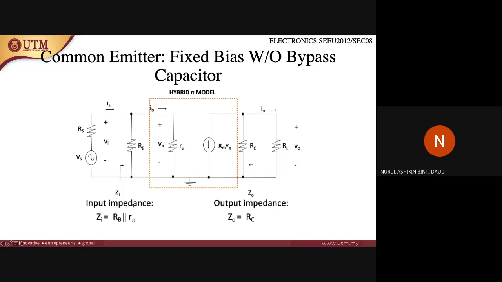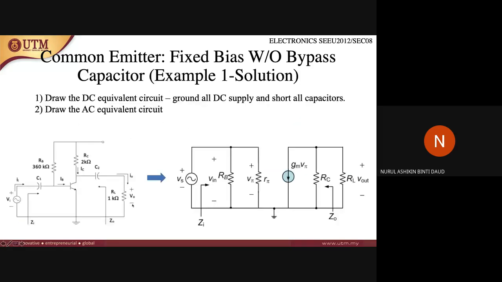The input impedance Zi is equal to RB in parallel with R pi, so it means the inverse of 1 over RB plus 1 over R pi.